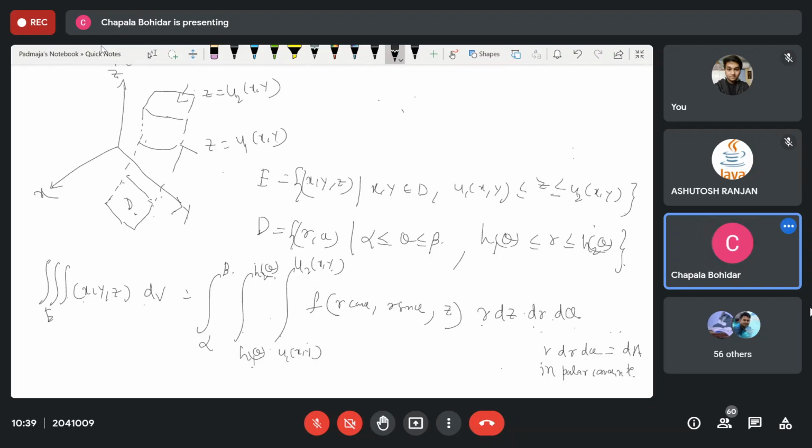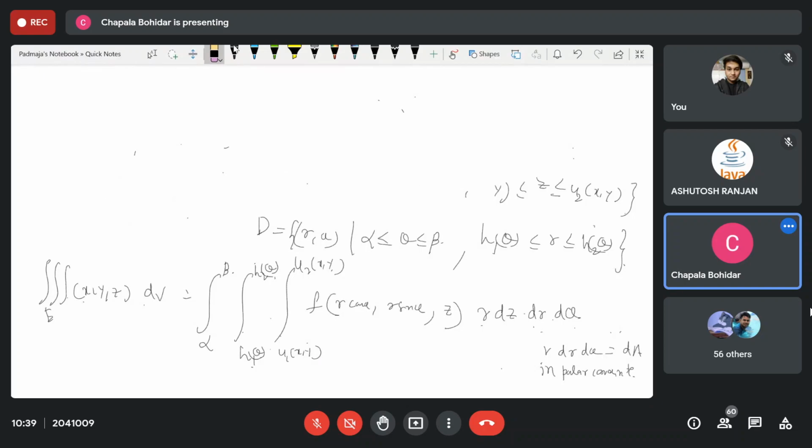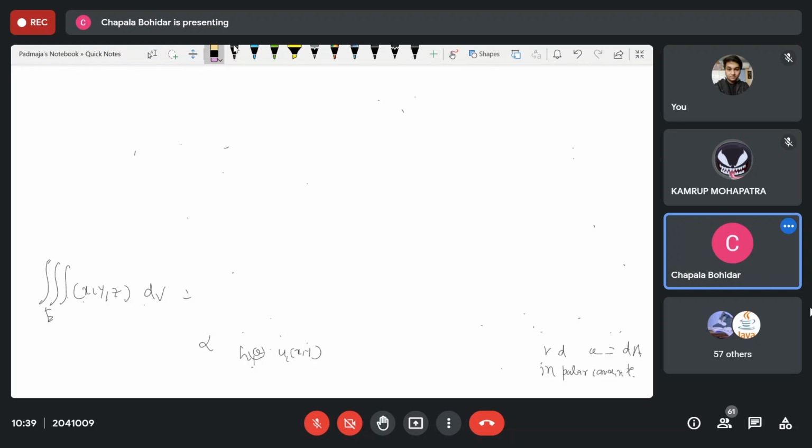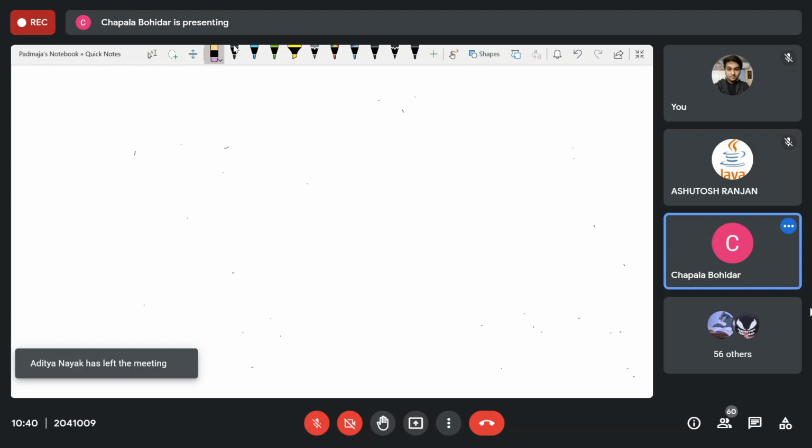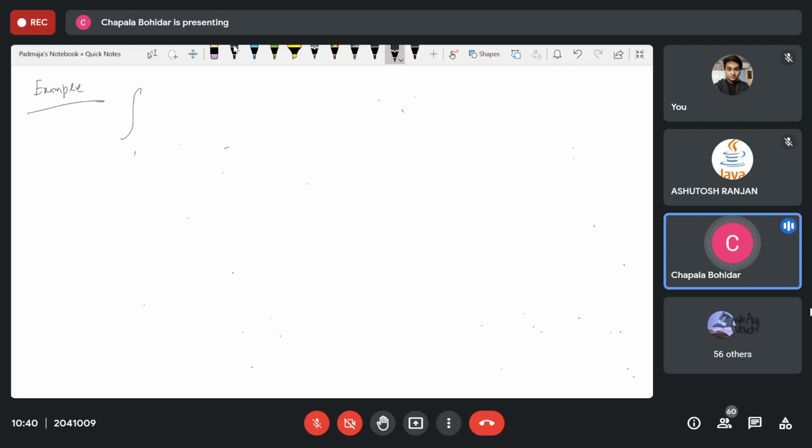Example. The integral from minus 2 to 2, then from minus root of 4 minus x square to root of 4 minus x square, then from root of x square plus y square to 2, with dz, dy, dx.